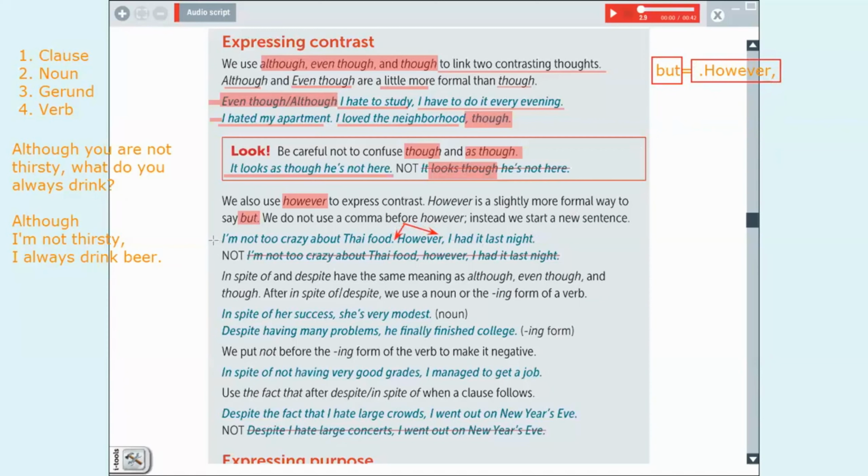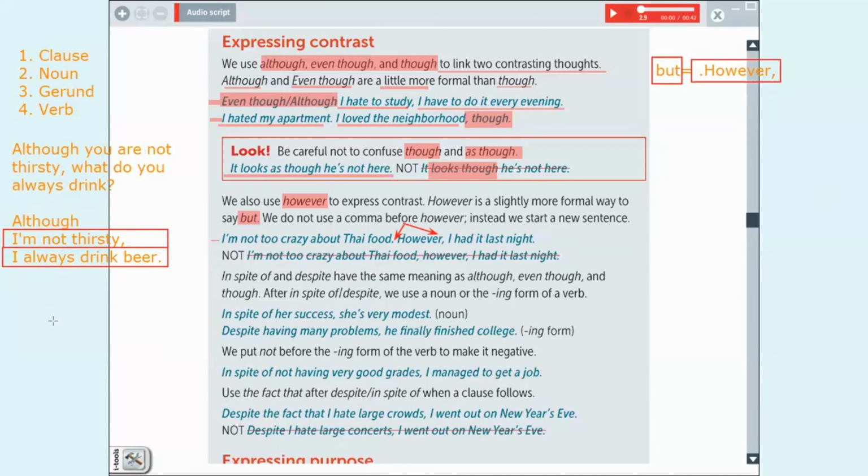Help me with this sentence, please. I'm not crazy about that Thai food. However, I had it last night. So if we want to use your previous sentence, although I'm not thirsty, I always drink beer, how can you reorganize those two pieces of information using however? For example, I'm not thirsty.